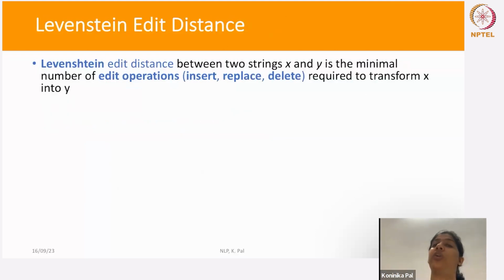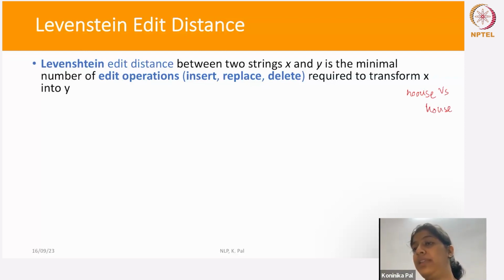So here I'll introduce one particular distance method which is very frequently used in text processing, Levenshtein edit distance. It is defined by the minimal number of edit operations we require to change a string X to Y. Now, why do I say the minimal number of edit operations? Look at this earlier example, whose versus house, right?